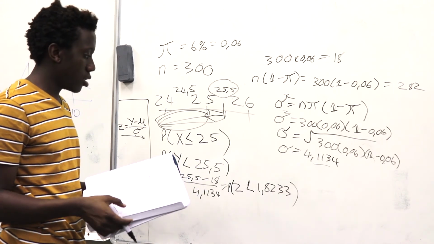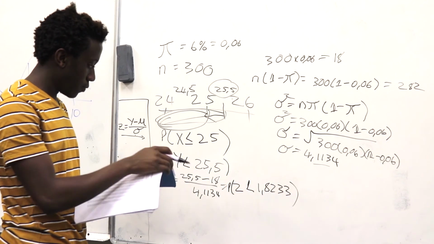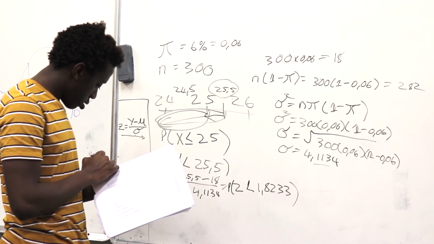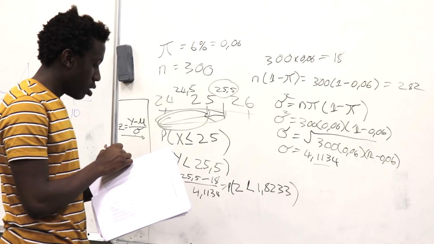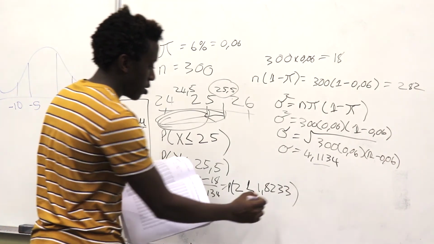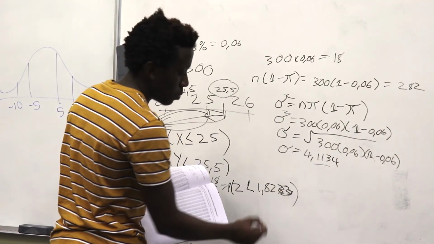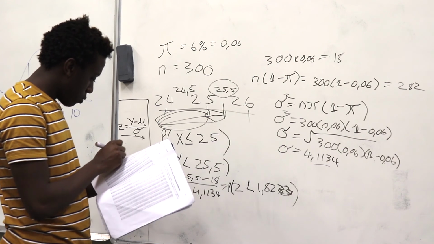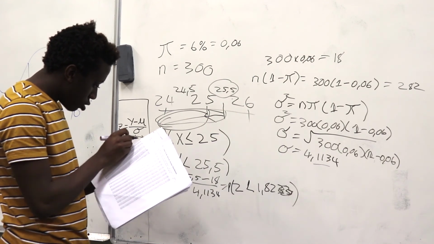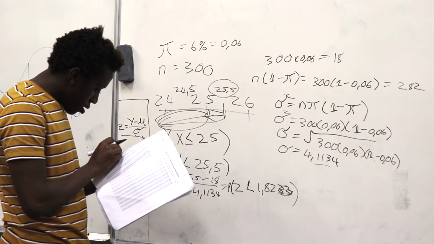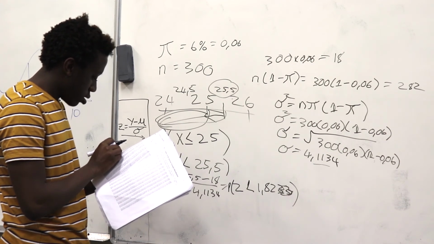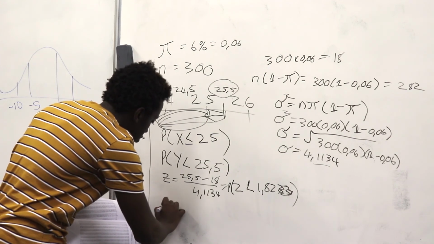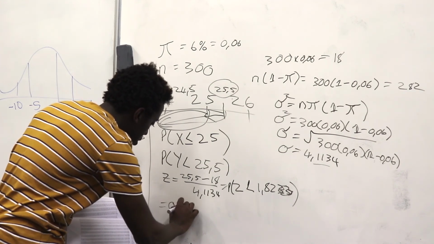So then we can go back to our tables and find z of 1.8. You can exclude this part over here because it's not in the table and it rounds to that. So it'll be 1.82, which is going to be 0.96562. And then we're going to say it's equal to 0.96562.